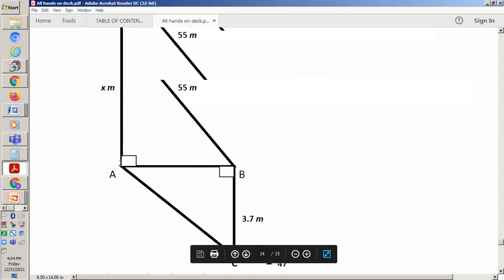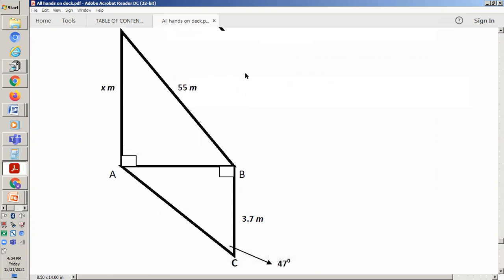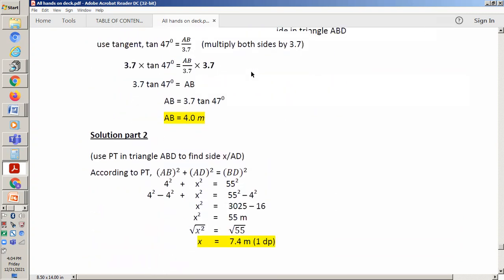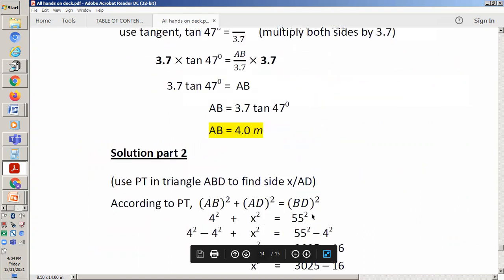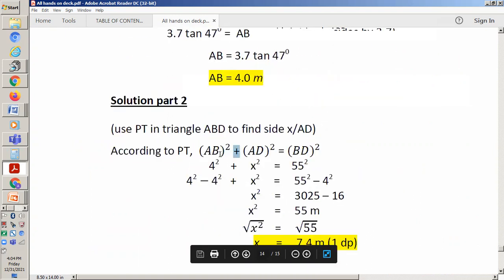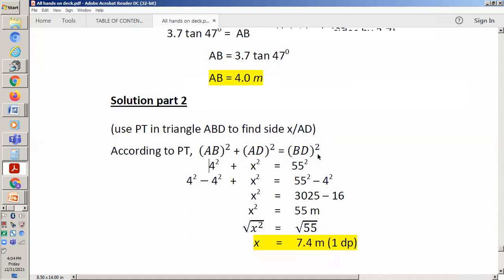So now that we have the two sides, we're going to use Pythagoras to find the other side. According to Pythagoras, the sum of the squares of the two short sides is equal to the square of the longer side.